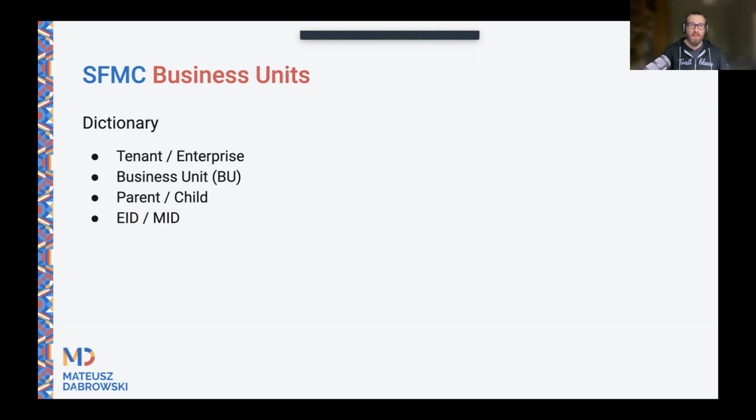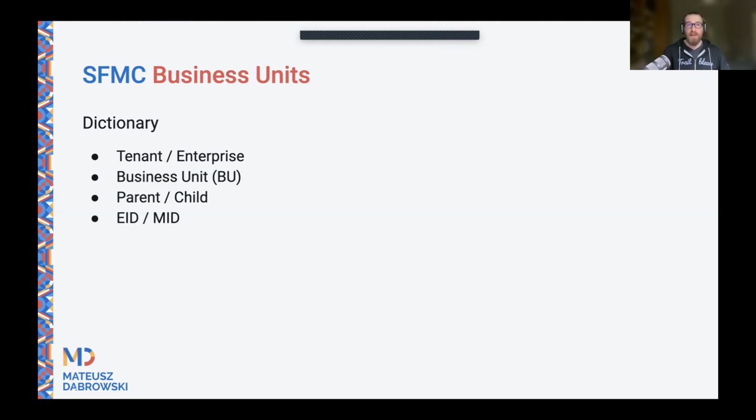So generally, if someone asks you about the ID, it's about the ID of the parent business unit, the main account ID, that you can see easily in the marketing cloud when you hover over the business unit pick list in the main menu, and there will be the name and the ID right next to it.